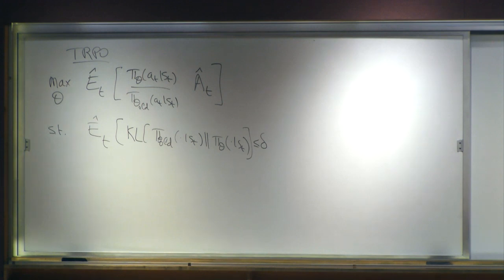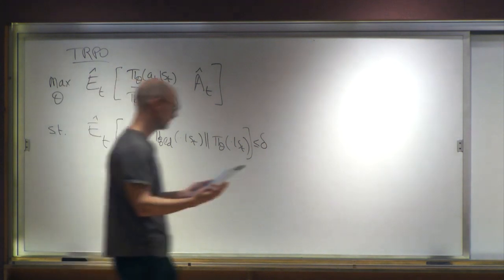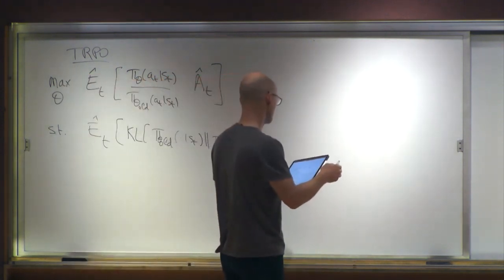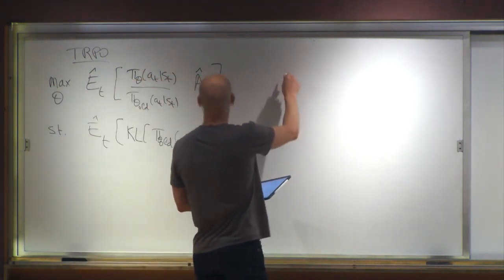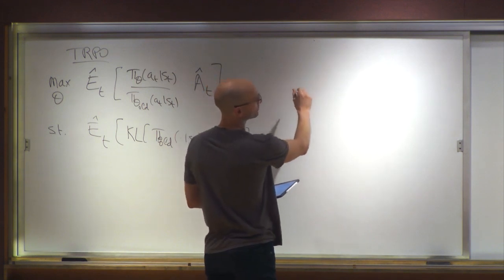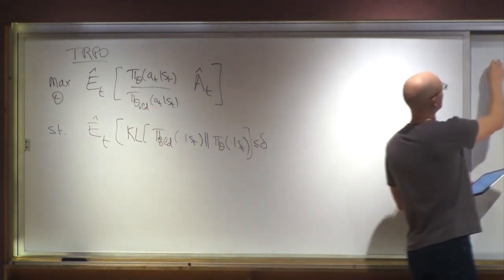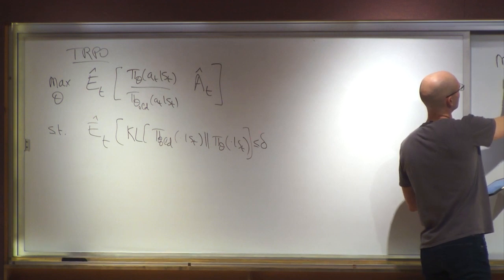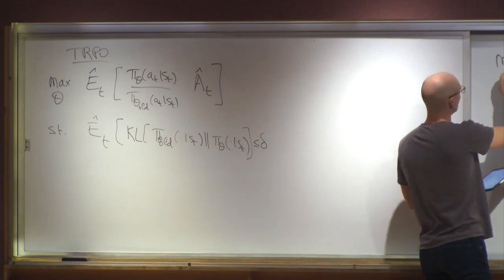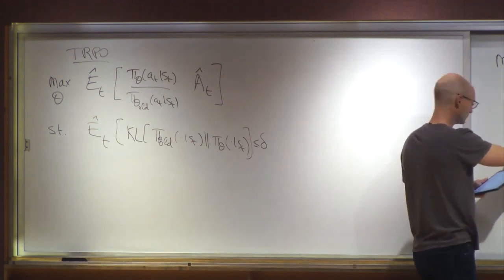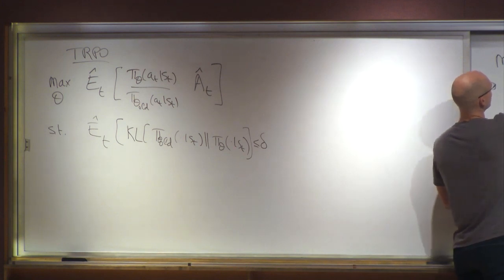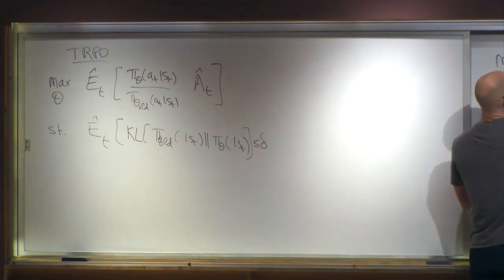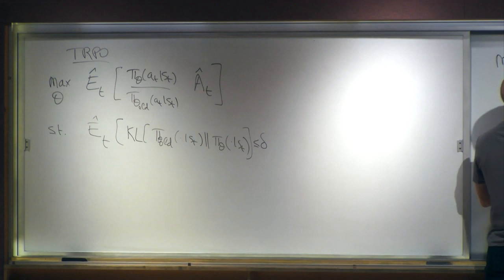We've actually seen something similar before. How can we turn a constrained optimization problem into an unconstrained optimization problem? We can form the Lagrangian. So instead, we can say: maximize over theta the expected value, and then the same thing as we have on the left.